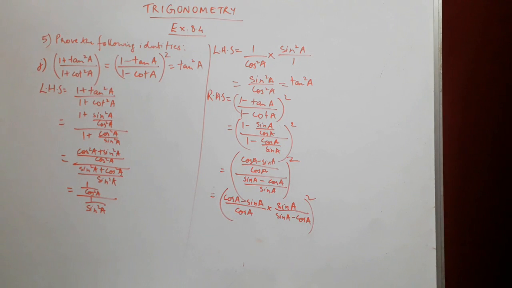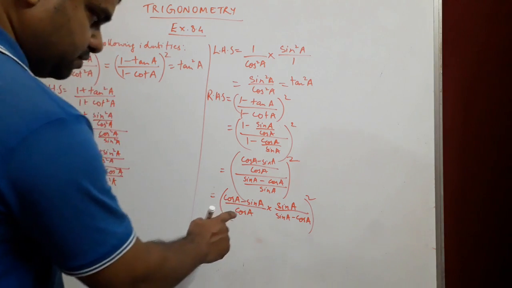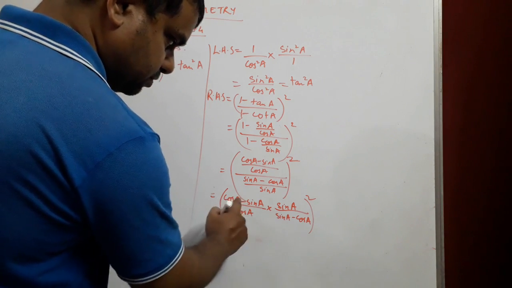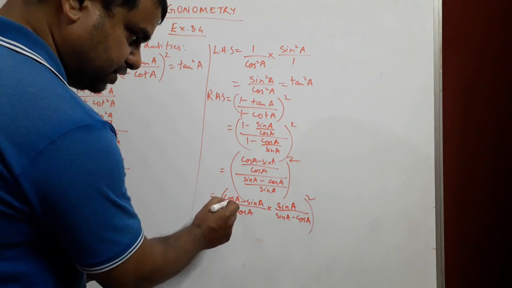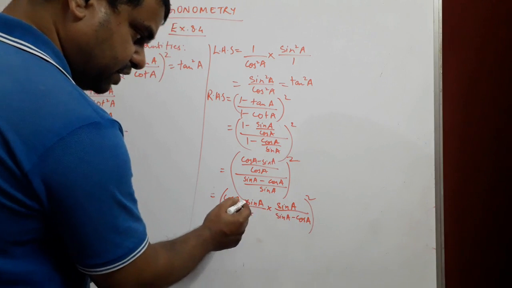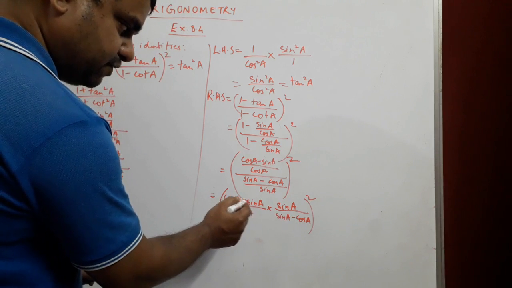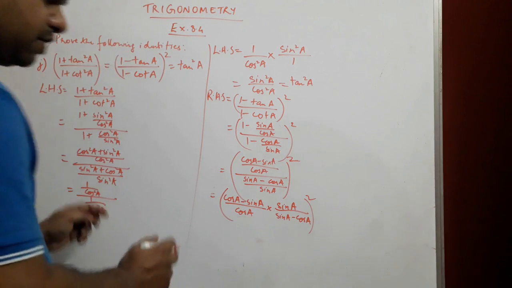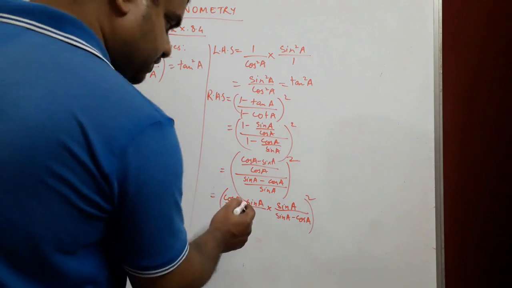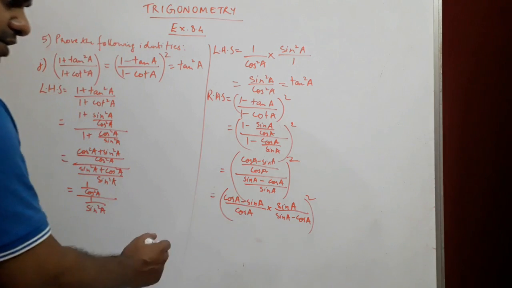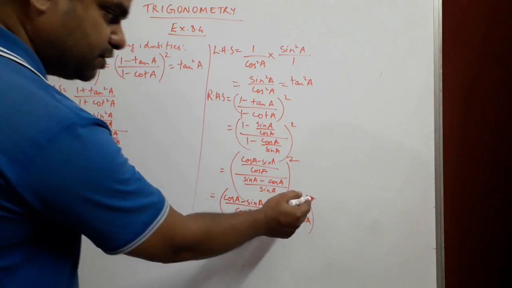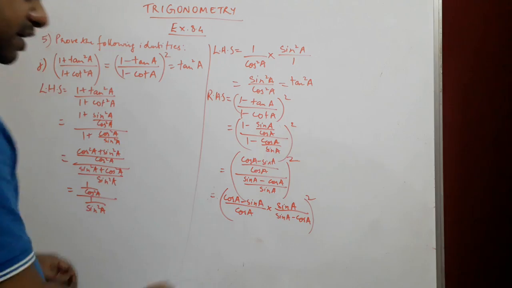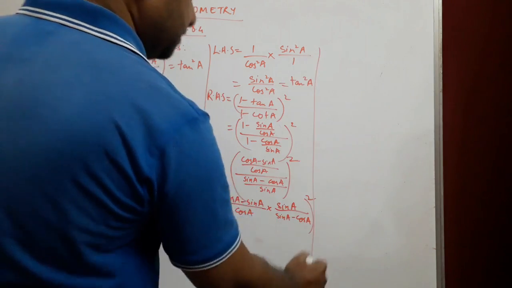Now if you notice carefully, we can actually cancel these two terms, except for the fact that here we have cos as positive, here it is negative, and here it is negative for sine a, and here it is positive. So what we'll do is we'll take this negative sign out from here. When the negative sign gets out from here, it will become positive because this square is here. I'll show you what happens then.